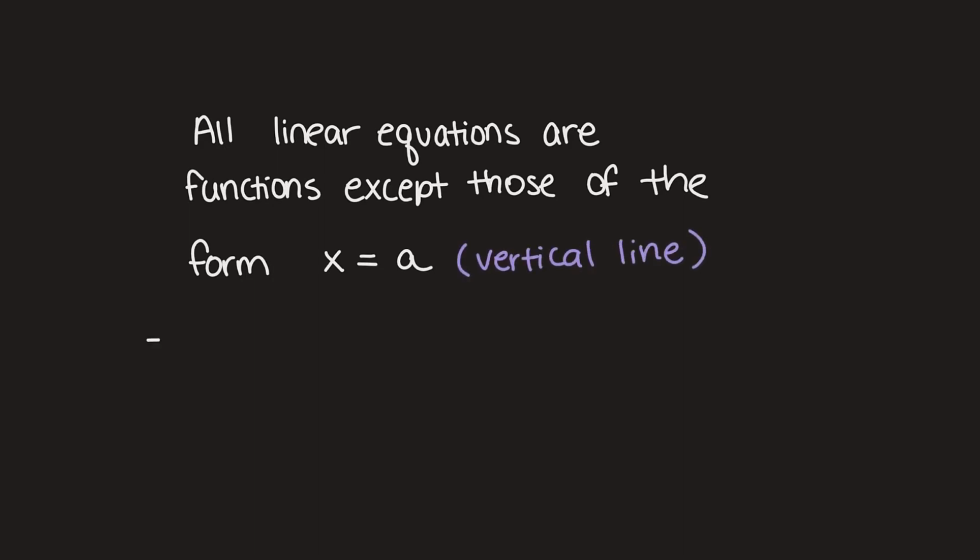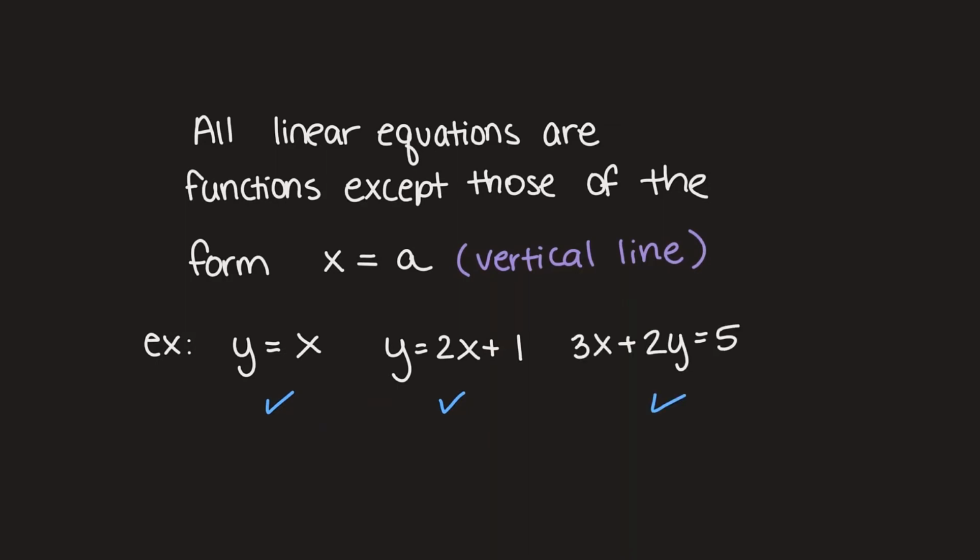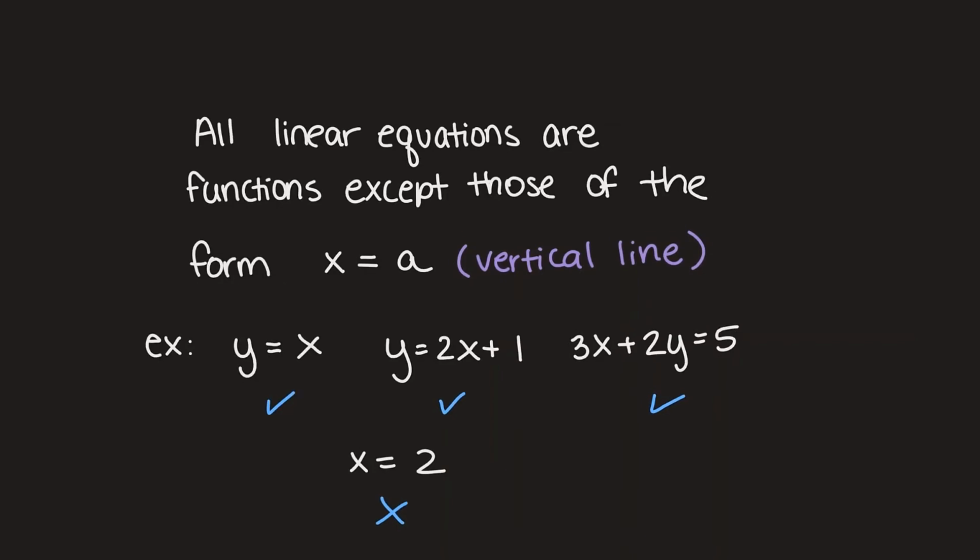So for example, y equals x is a function, y equals 2x plus 1 is also a function, and so is 3x plus 2y equals 5. But x equals 2 is a vertical line, therefore not a function. And y equals 2 is a horizontal line, and this also would pass the vertical line test, therefore this is a function.